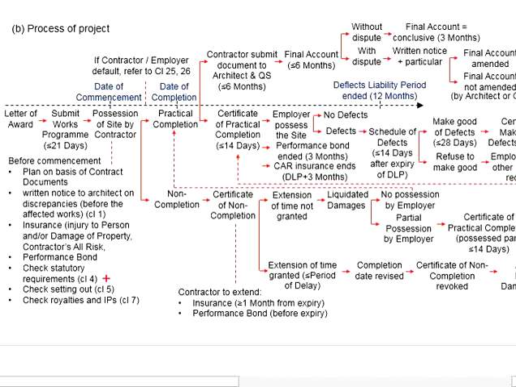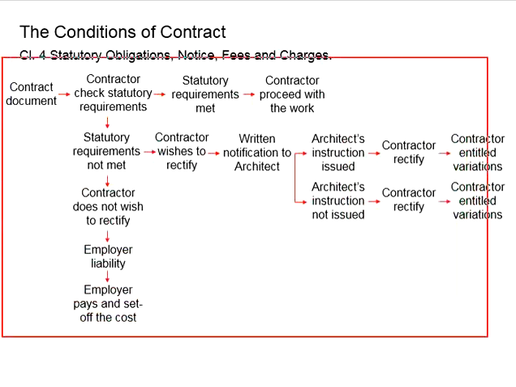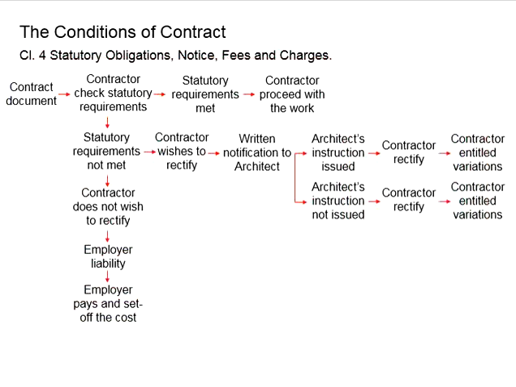Next, it is the obligation of the contractor to check for the statutory requirements. This is clearly stated in Clause 4 of the PAM Contract. This is the flowchart for the statutory obligations, where the contractor will need to study and review the document and check for the statutory requirements.